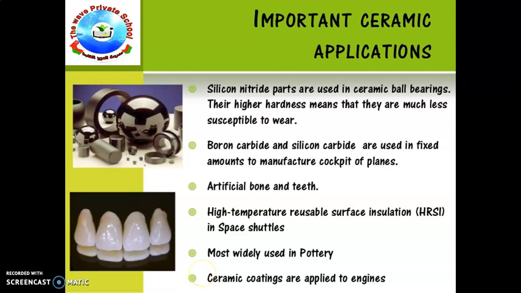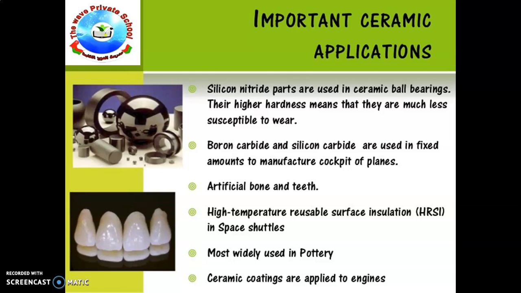If we have cavities in the tooth, we go to the hospital, and the doctor will fill it with ceramic material. And high temperature reusable surface insulation in space shuttles, and also most widely used in pottery.